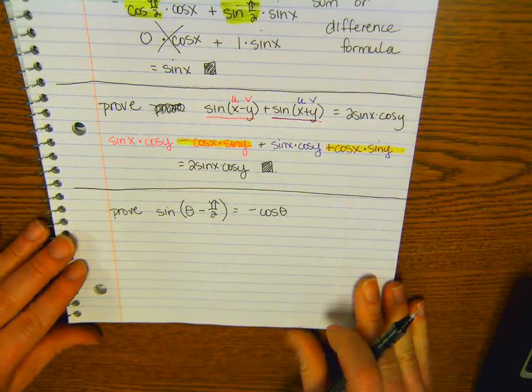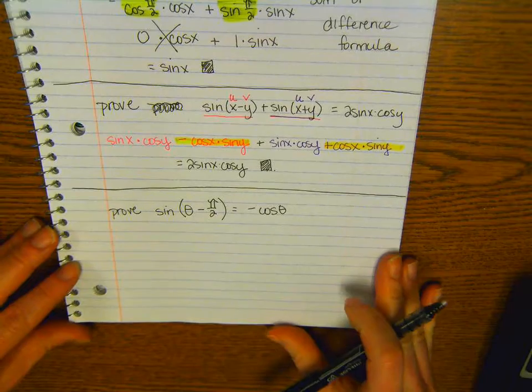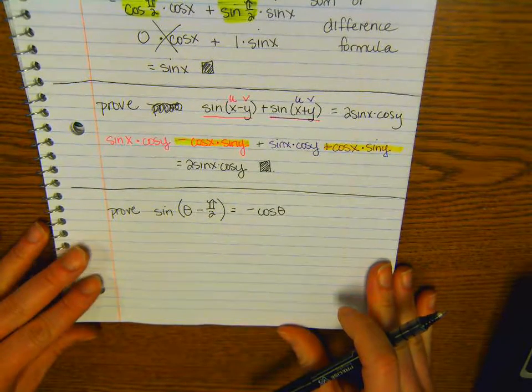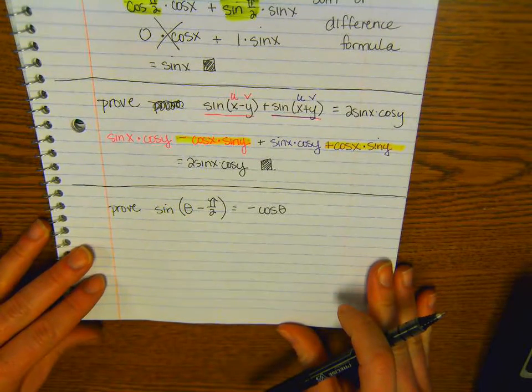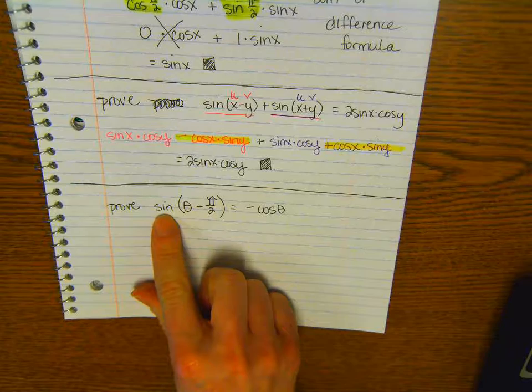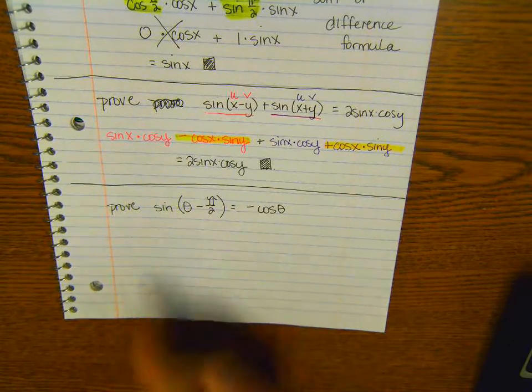And I'm just using different variables because we know that we might see some different variables in our homework. So, what formula should I use for this one? I should use a sine sum or difference.